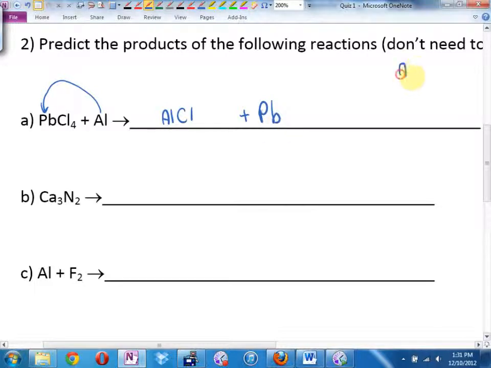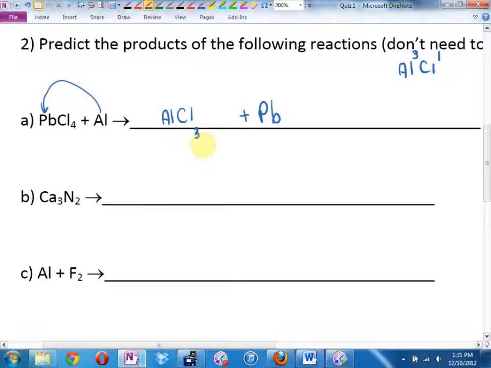So if I look at Al and Cl, the charge on aluminum is 3, the charge on chlorine is 1, so it's going to be Al1, Cl3. So to get the whole mark, you need to have a little 3 subscript next to the Cl. Half mark for aluminum chloride and lead, and then a half mark for aluminum chloride crisscrossed correctly.